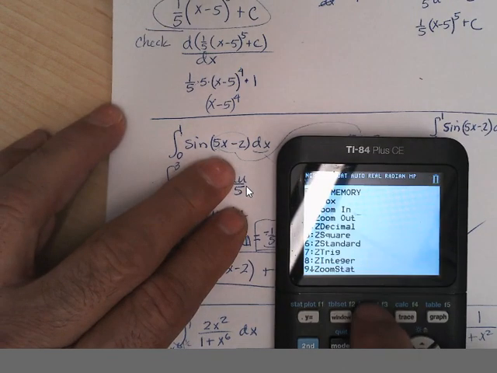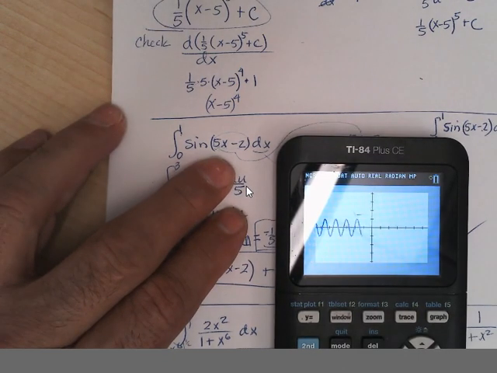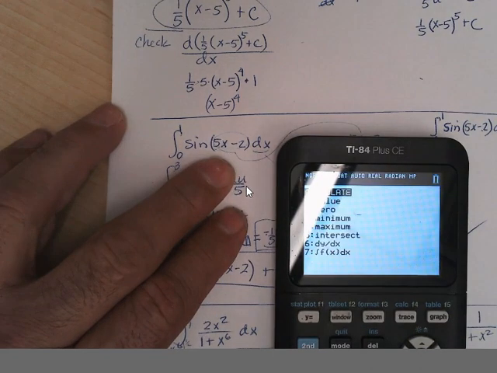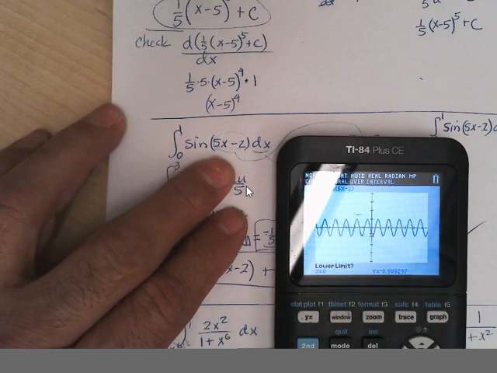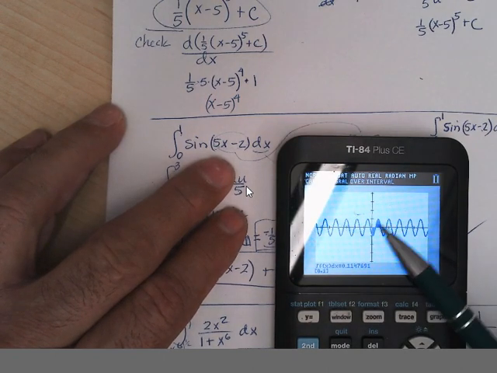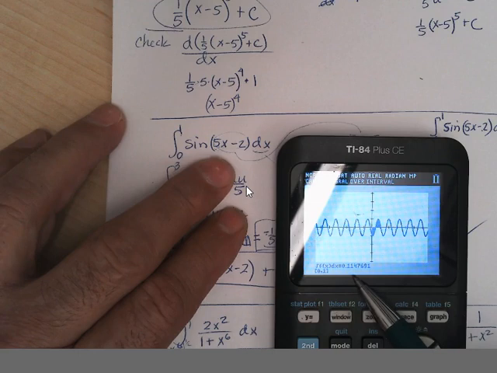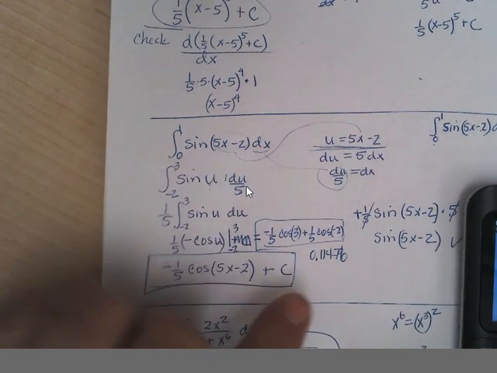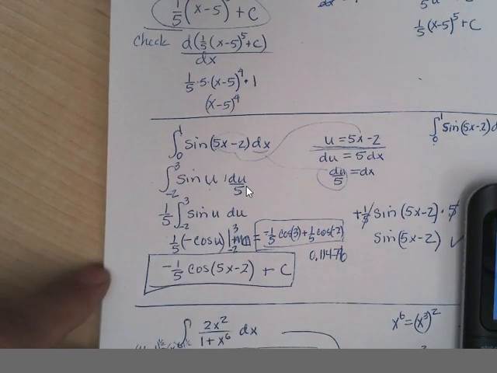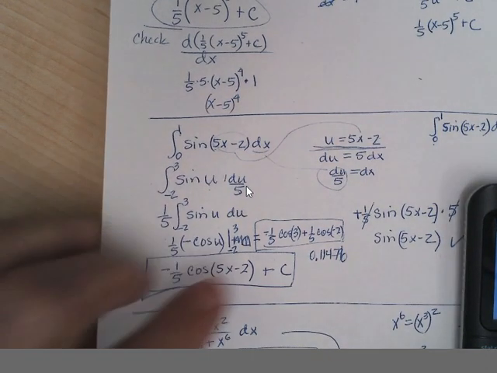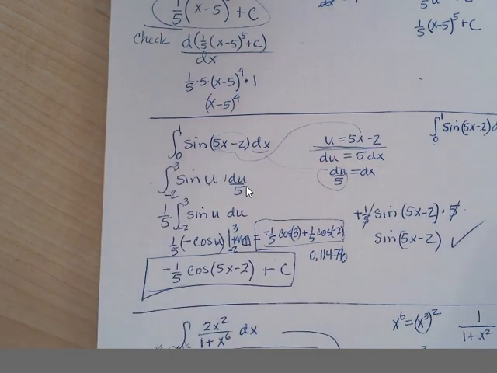Let's go zoom 4. Calculate the area under that curve from 0, enter, to 1, enter, and it says that area, some of it's negative, some of it's positive, totals 0.1147691. Same answer as we got there. But that's the exact answer.